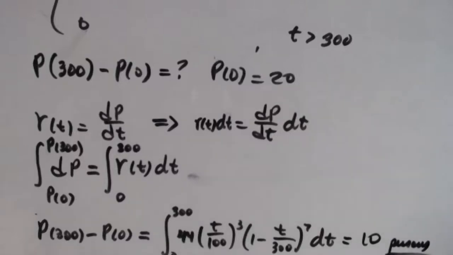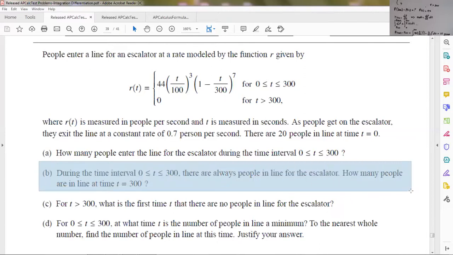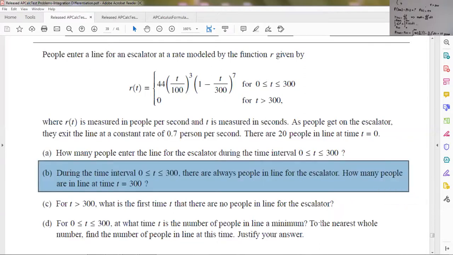So I'm going to now read the problem. It says during the time interval 0 to 300 seconds, there are always people in line for the escalator.